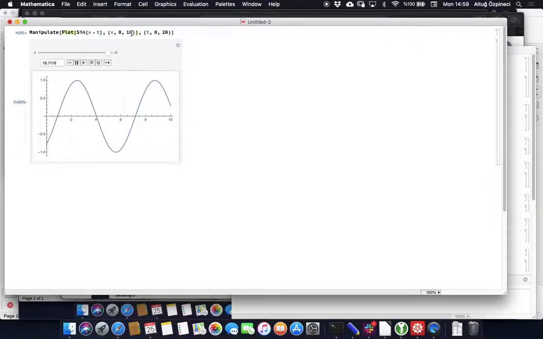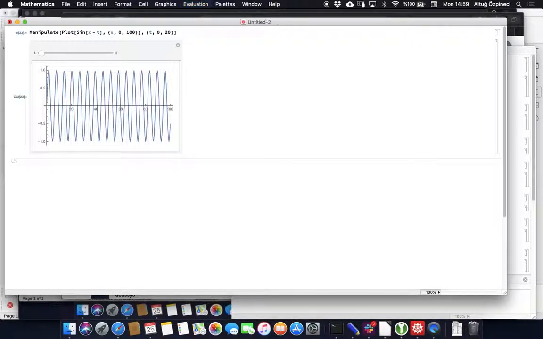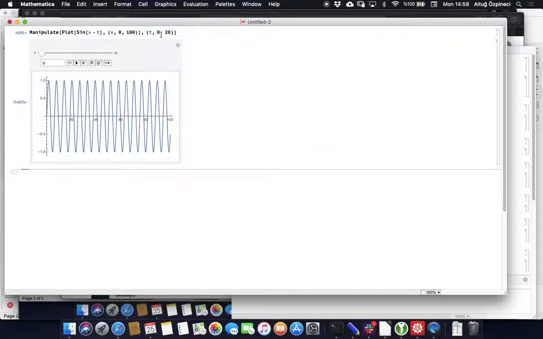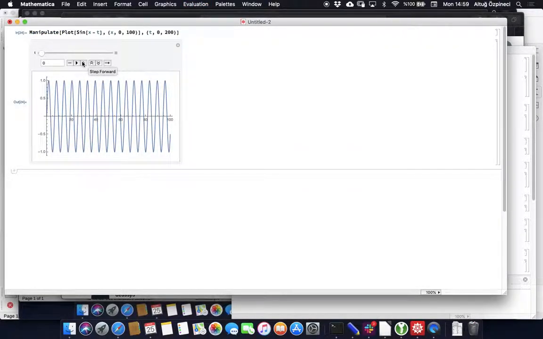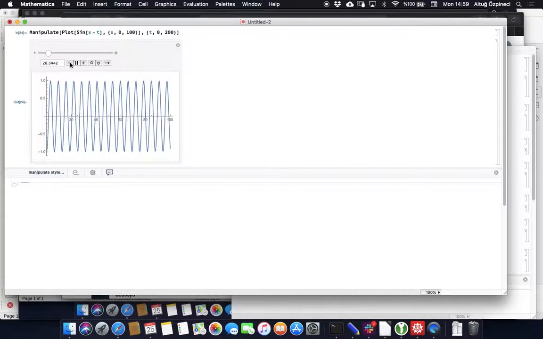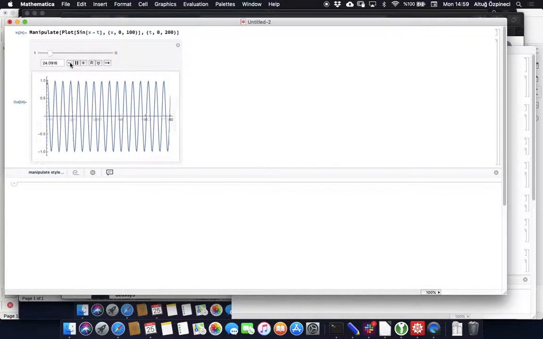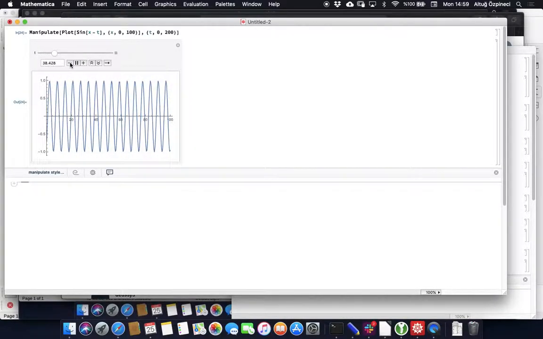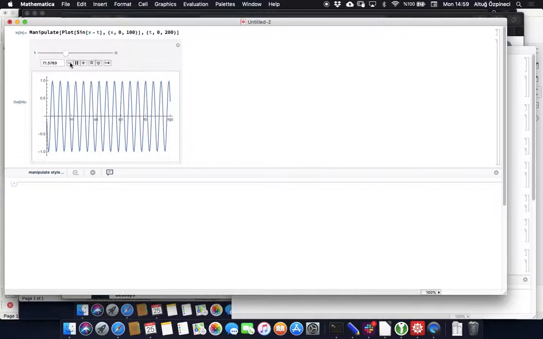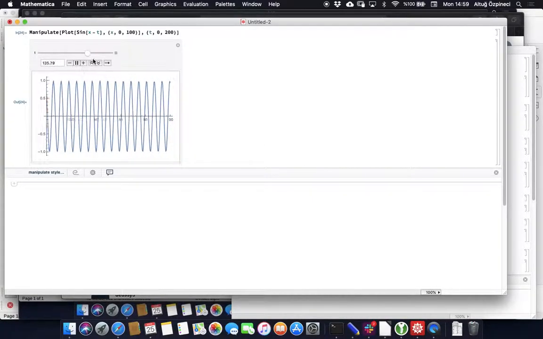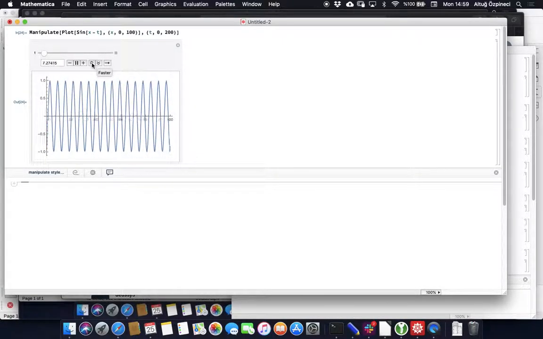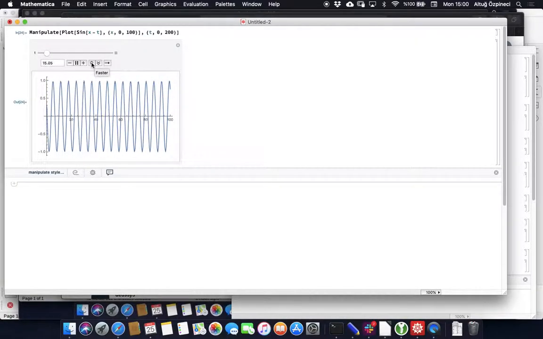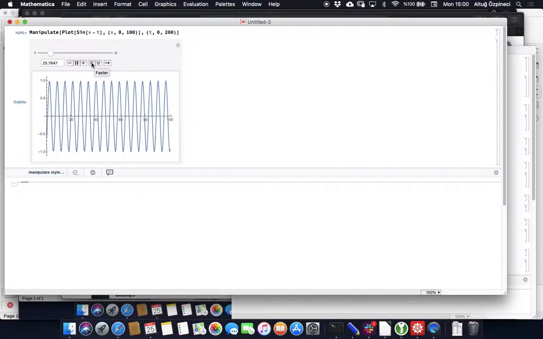Let me make it a bit even longer. So they're just shifting to one side.